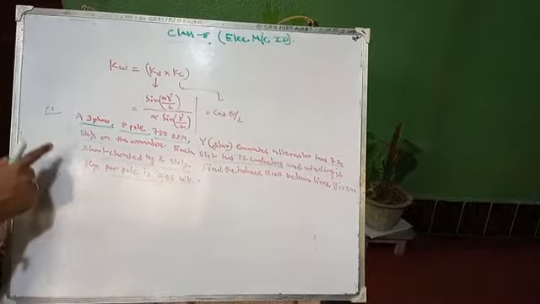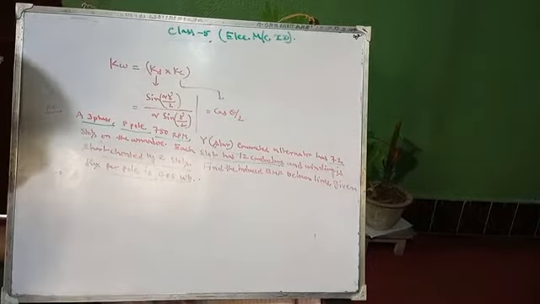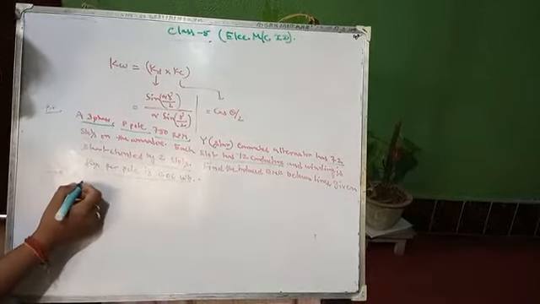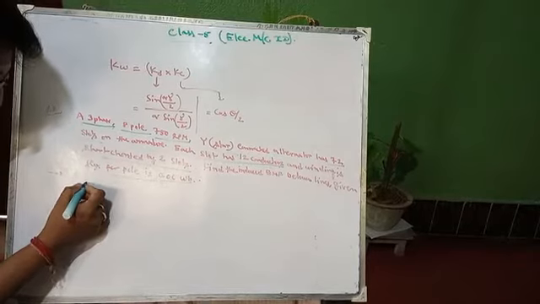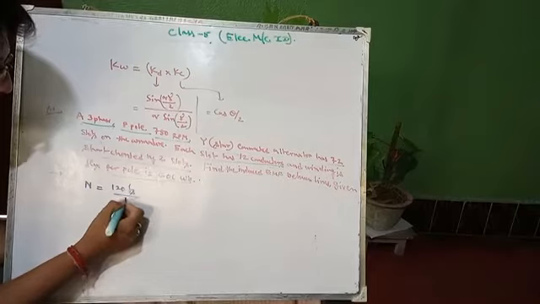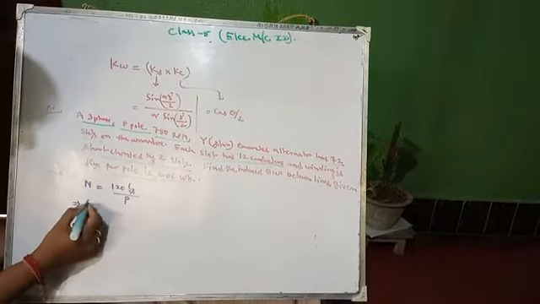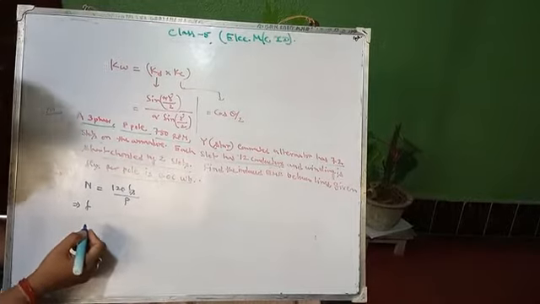For this system, from basic electrical engineering, we know the well-known formula N equals 120 F by P. From here you can write the frequency. You have to first find the frequency.